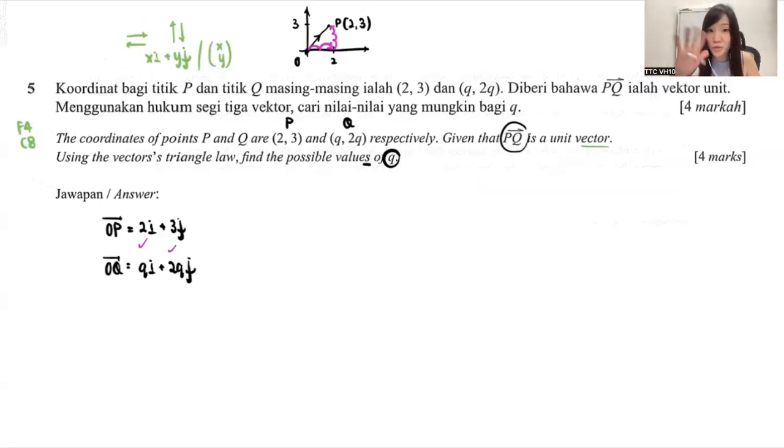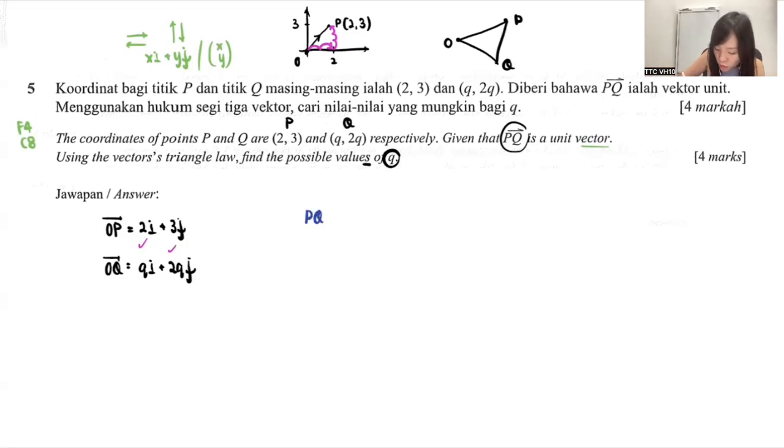So do you guys realize, I draw for you. This is again something, no need to draw, but I draw for you. When this is O, this is P, this is Q, OPQ connected together is exactly a triangle. So whenever you're using a triangle, that means you're using 3 alphabets to form an equation, exactly called triangle law. And all of you guys know how to form one. See, my dear?